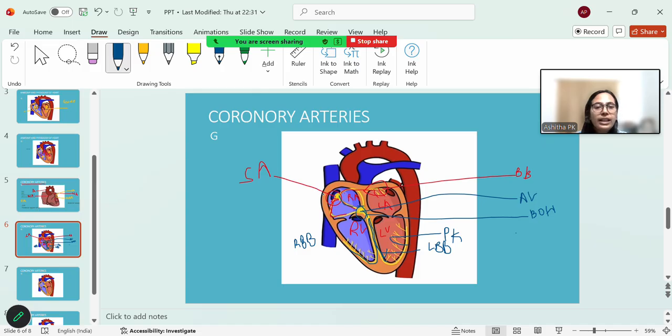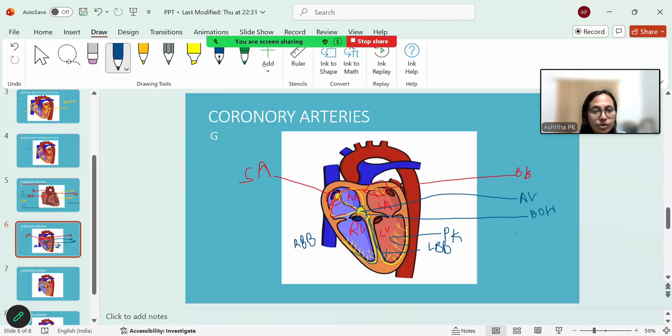The SA node creates an impulse. It is known as the natural pacemaker or rhythm generator. From the SA node, the impulse passes to both the right and left atrium, to the left atrium through Bachmann's bundle, and then through the AV node, the atrioventricular node.